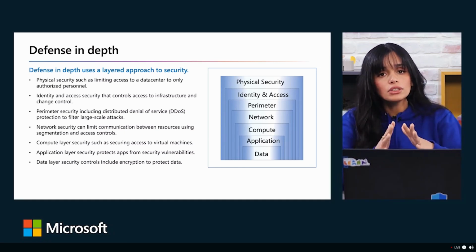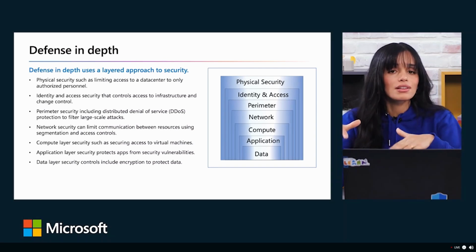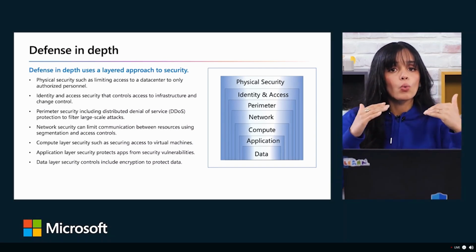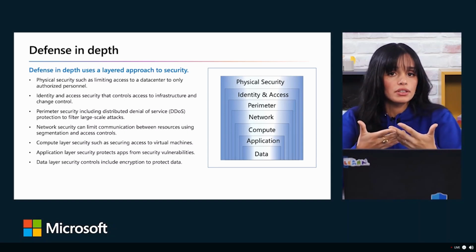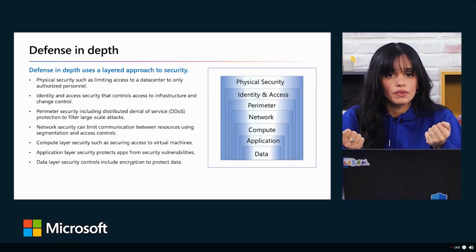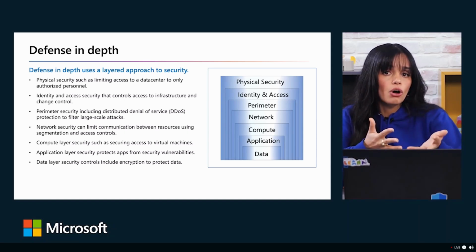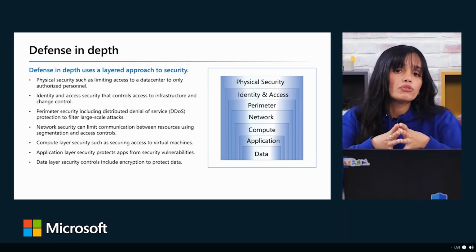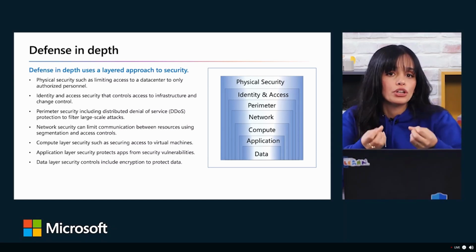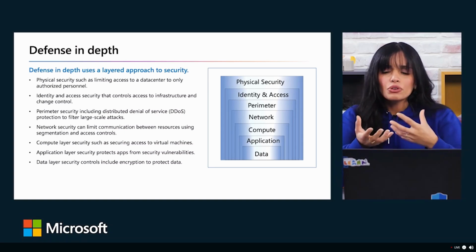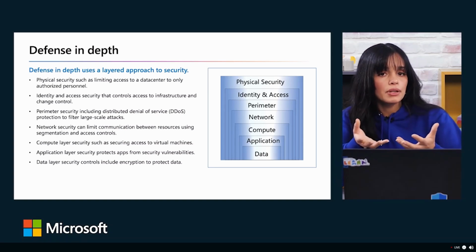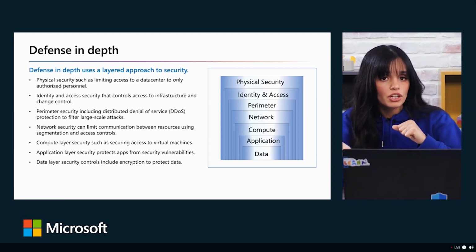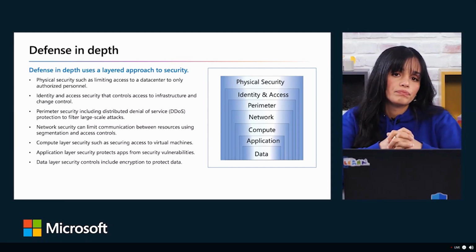When you go down into looking at other layers in this model, like perimeter layer, this is where we want to implement security to all the solution. So the data that is coming into your network can be filtered and assessed before it actually reaches your network environment. Kind of things that you would normally implement, like firewall, distributed denial of service attack protection, that's applied there.